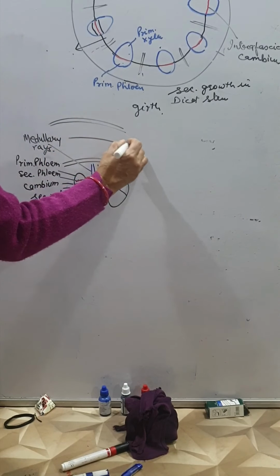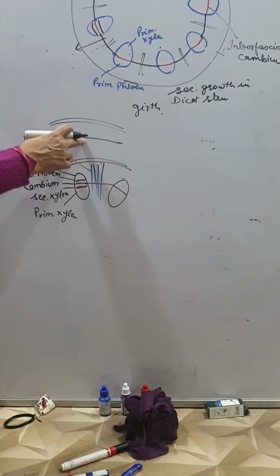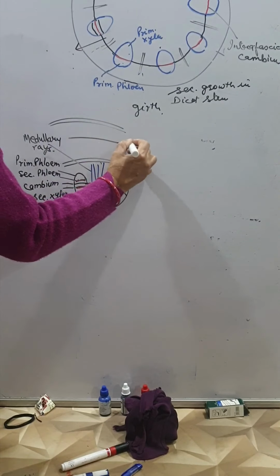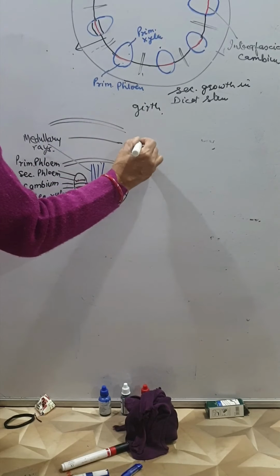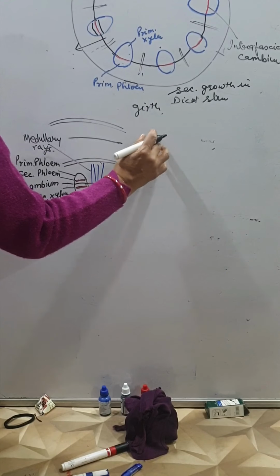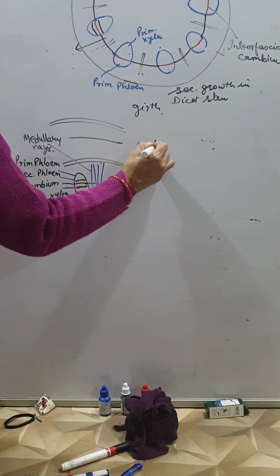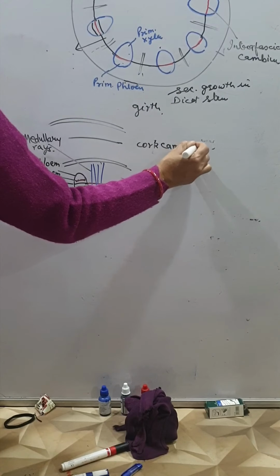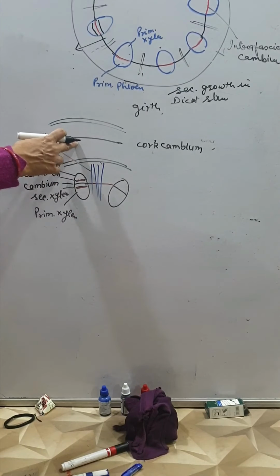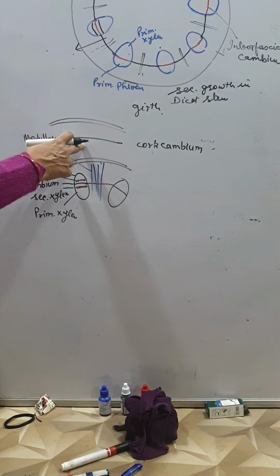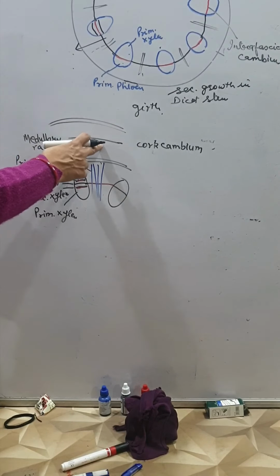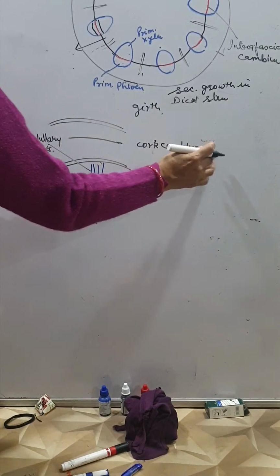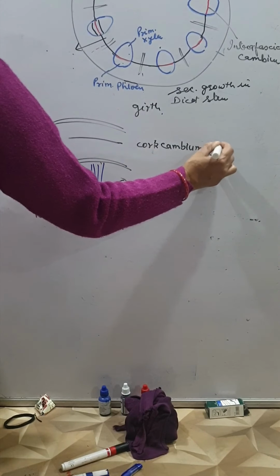These tissues are called cork cambium. They develop in the cortex, made of narrow, thin walled, nearly rectangular cells. The cork cambium is also called phellogen.